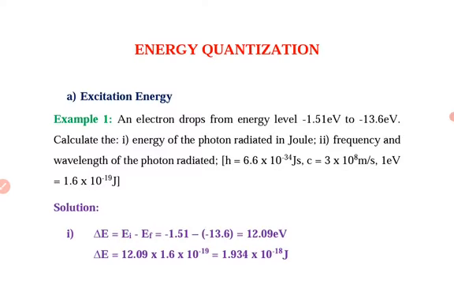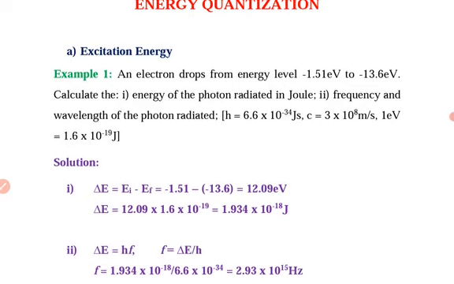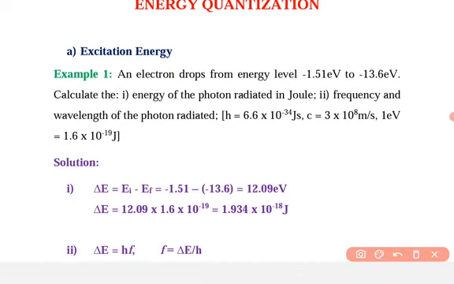Okay. Now, if you look at the question here, the question says an electron drops from energy level minus 1.51 eV, that is electron volt, to minus 13.6 electron volt. So we have to calculate the energy of the photon radiated in joule, and the frequency and wavelength of the photon radiated.